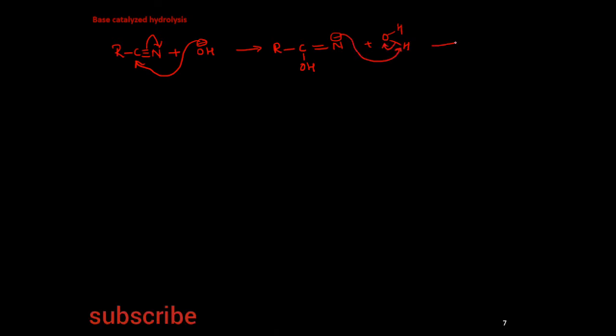Next one, base catalyzed hydrolysis. Mechanism for this: RC triple bond N plus base. We can use sodium hydroxide or any base. So formation of RC(OH)=N minus, and it abstracts a proton from water molecules. N minus will abstract, and formation of OH minus, RC(OH)=NH.